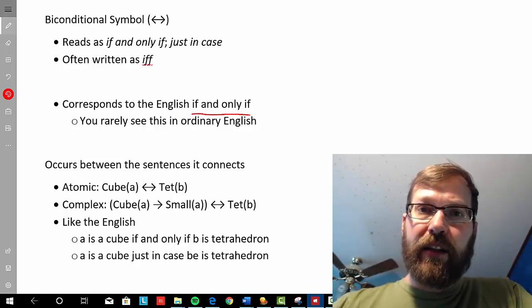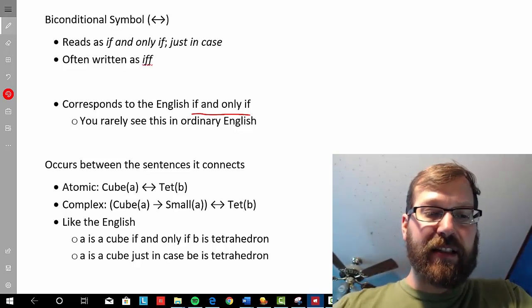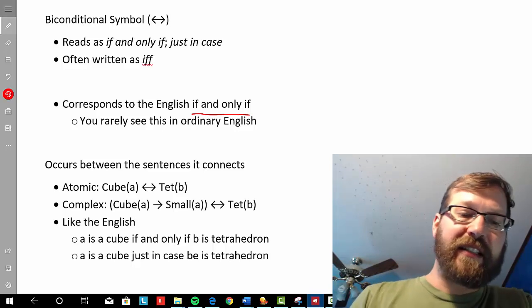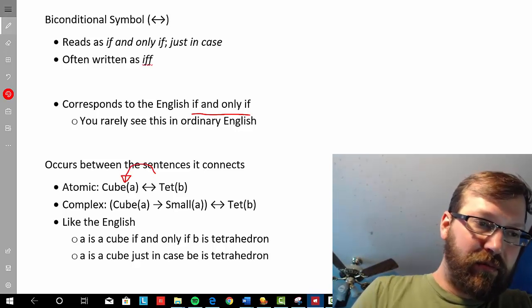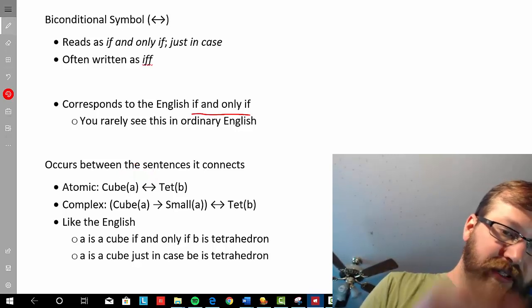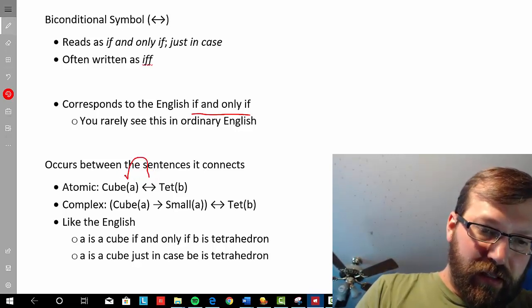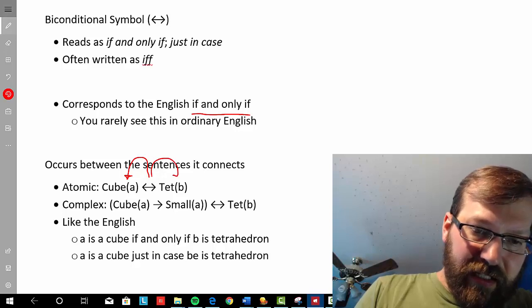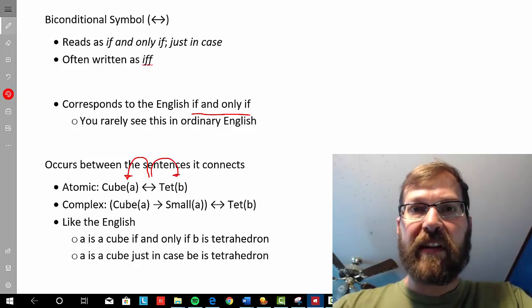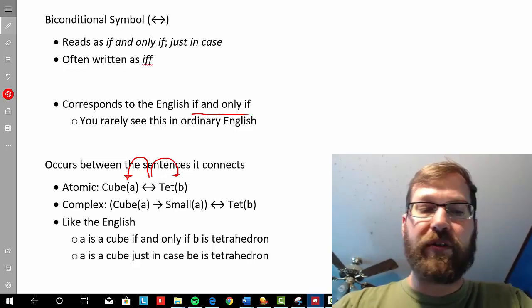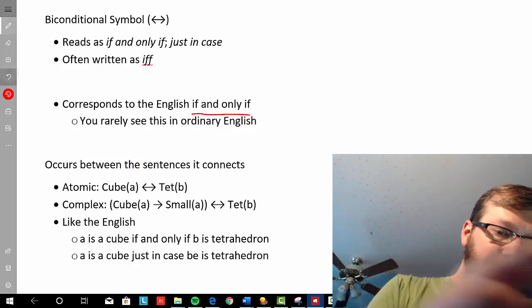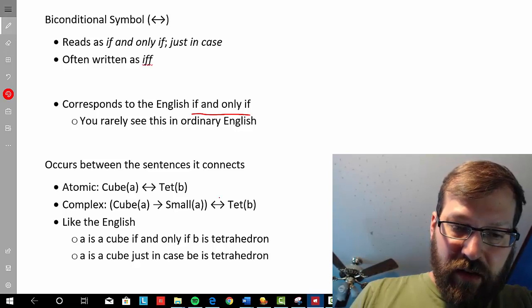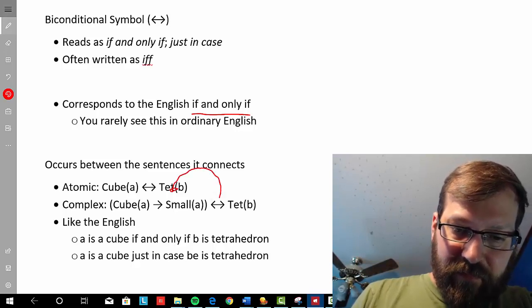Okay, so the way that the biconditional symbol connects sentences is it occurs between the sentences that it's connecting. So this symbol is in between those two atomic sentences, and so it's connecting those two sentences. It works the same with complex sentences.